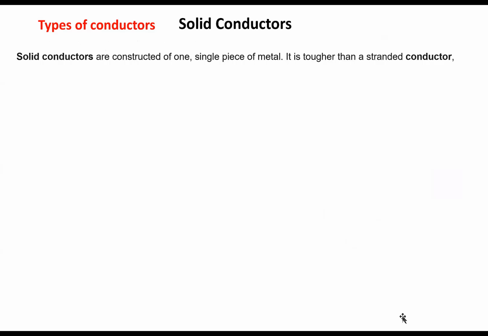So solid conductors are constructed as a single piece of metal. Solid conductors are used where you require more mechanical strength and lesser cross-sectional area.